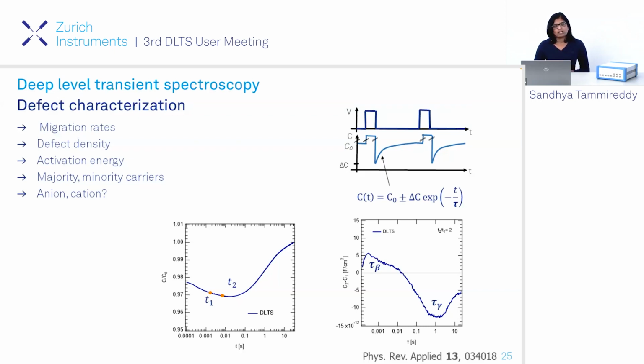When it comes to the polarity, once you know the background doping density of your material, depending on whether your capacitance step appears above 0 or below 0 in your boxcar approach, you would be able to determine the polarity of your defect as well.